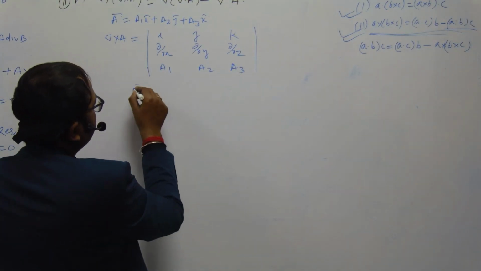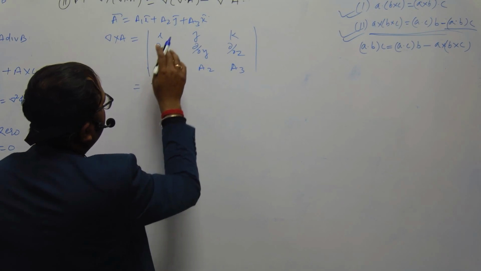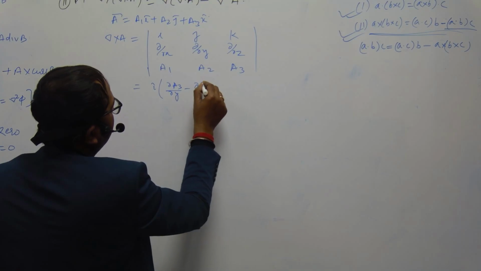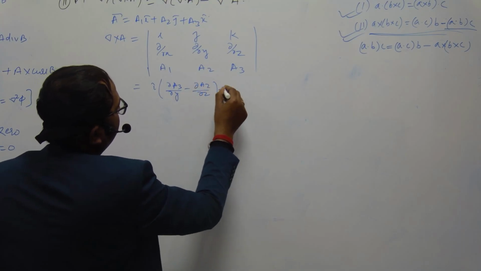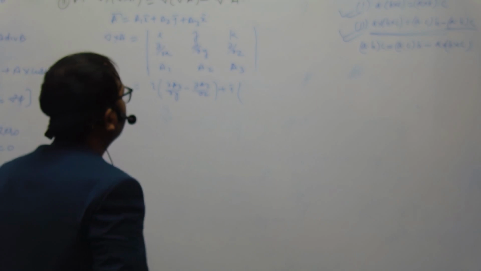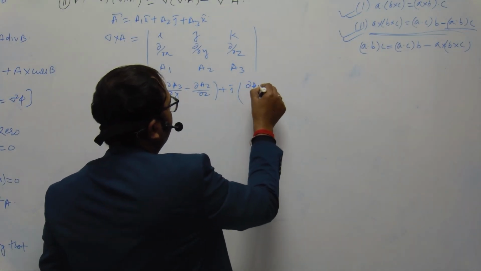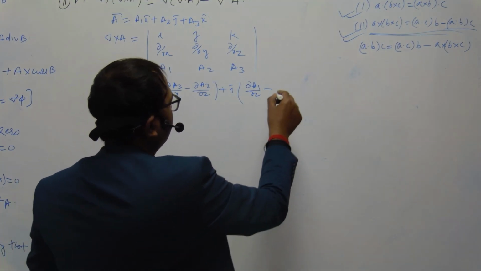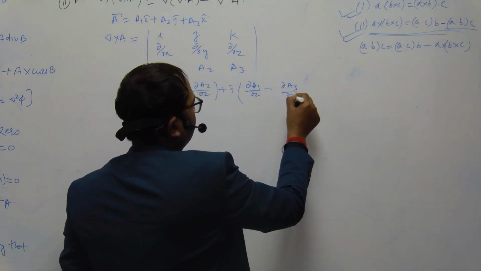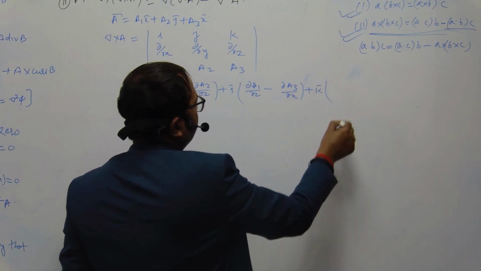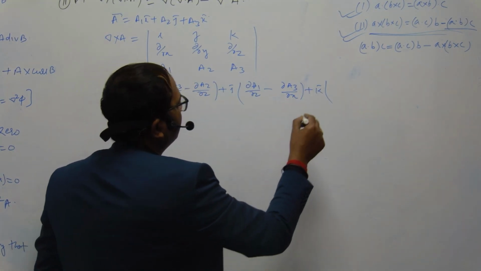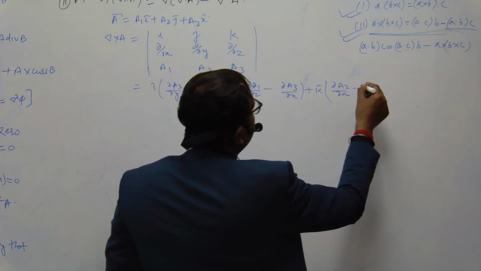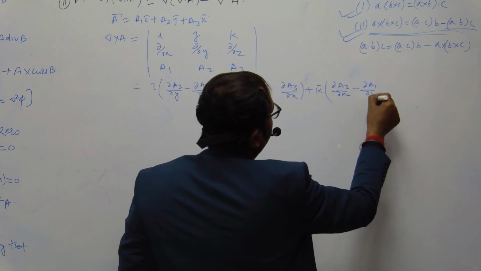So we have this as i cap, this is del a3 upon del y minus del a2 upon del z, plus j cap, this is del a1 upon del z minus del a3 upon del x, plus k cap, this is del a2 upon del x minus del a1 upon del y.